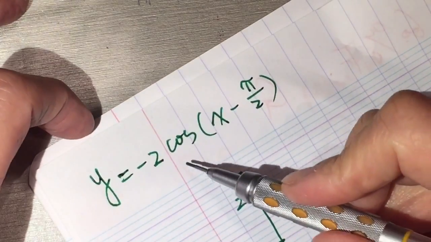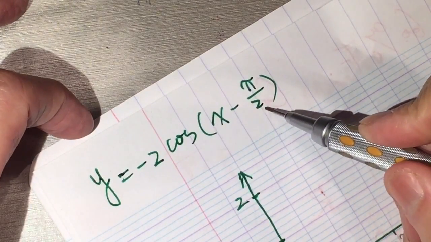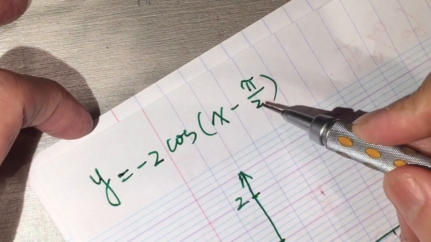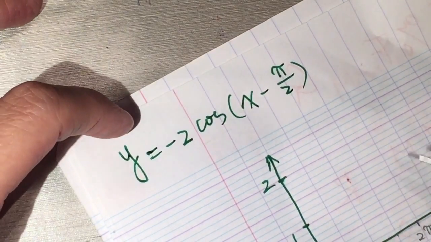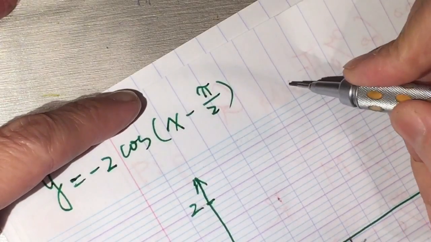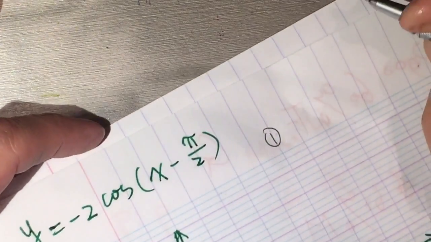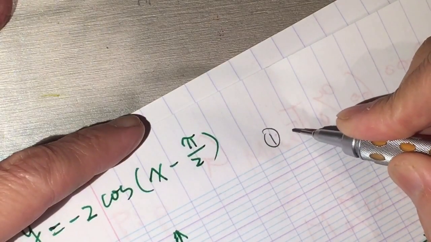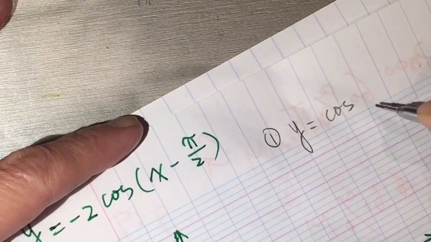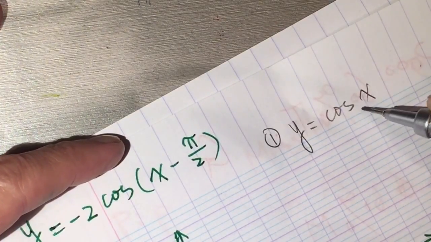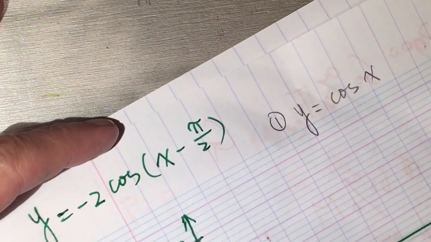Okay, so this is cosine (x minus pi over 2), and the coefficient is -2. So the first step, we always start from the original form, the standard form, y equals cosine x.